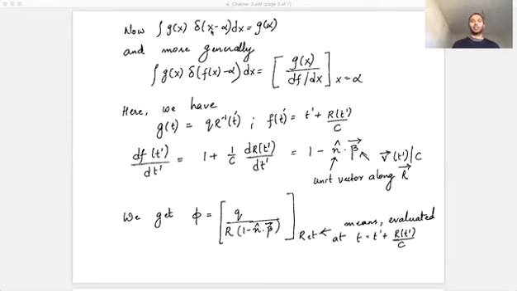But if f of x is a higher order or more rapidly varying function, let's say x square or x cube, then you can intuitively see that this integral is going to be smaller and smaller, because even a small change in x is going to create a large change in the argument here.